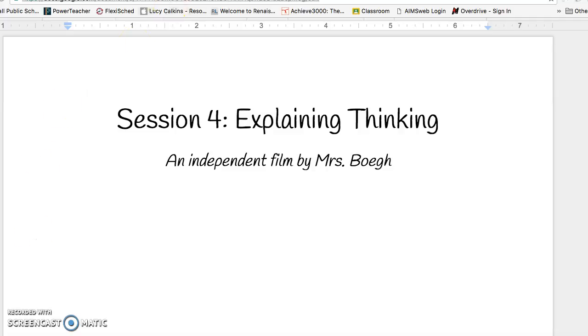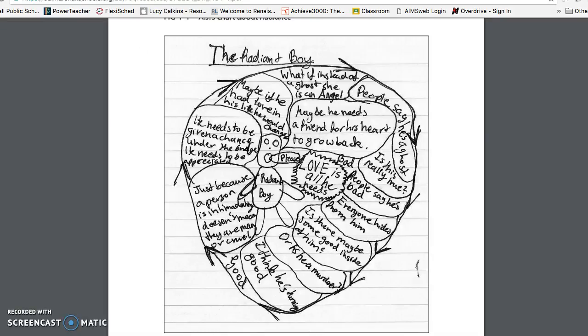So this is a sample notebook page from another student. Even if you're not familiar with this particular book, you can view this notebook page and try to figure out what exactly is going through his mind, or even just in the book in general when you're looking at this page.